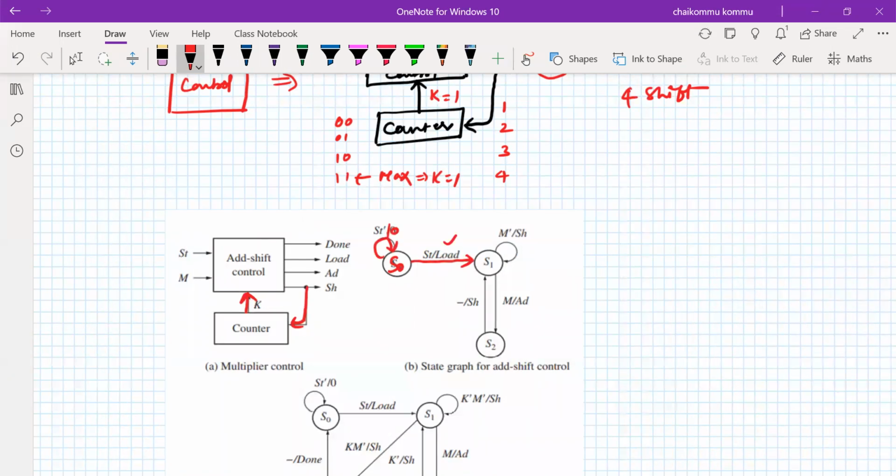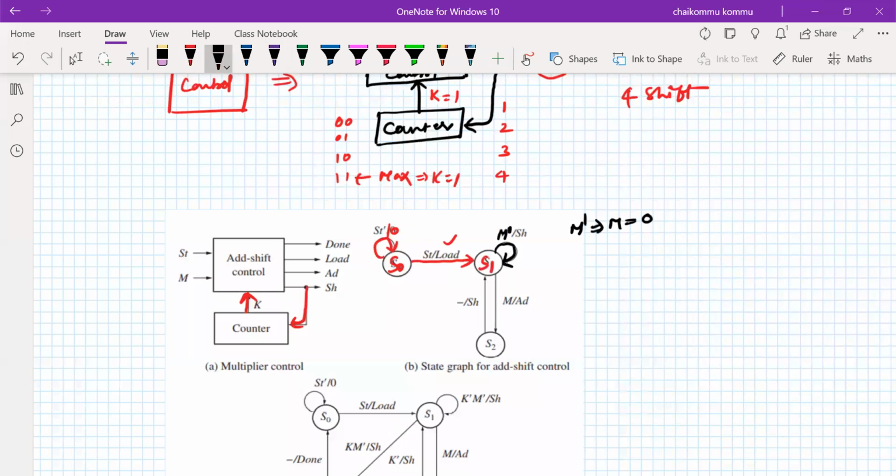Only M we need to consider. So if you're in S1, M dash stands for M is equal to 0, and the meaning is: if M is not there, what should we do? The shift has to happen, right? So S1 is meant for the shifting operation.